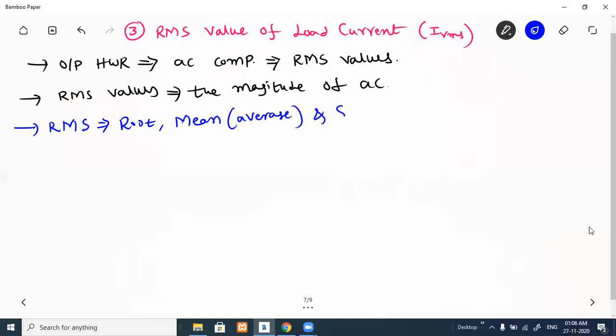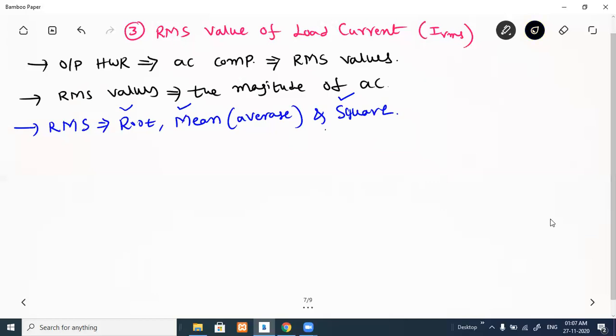In reverse, we are calculating: first squaring, then find out the mean or average, then apply square root, then we are getting the RMS value. So I'm trying to calculate this RMS value of load current.